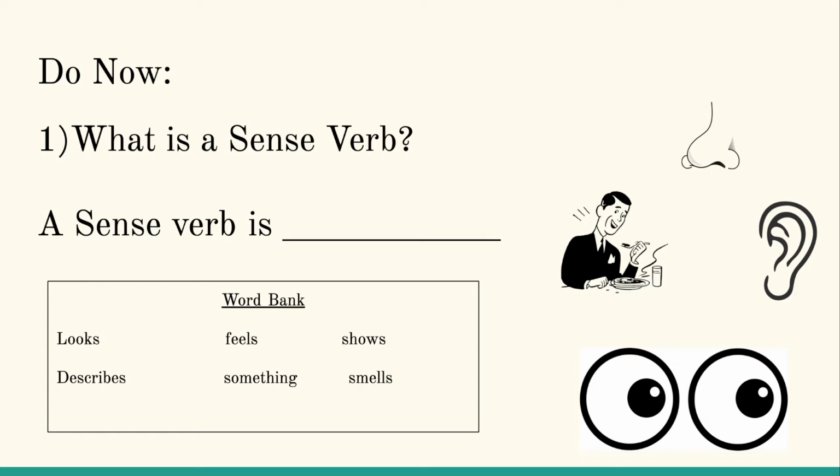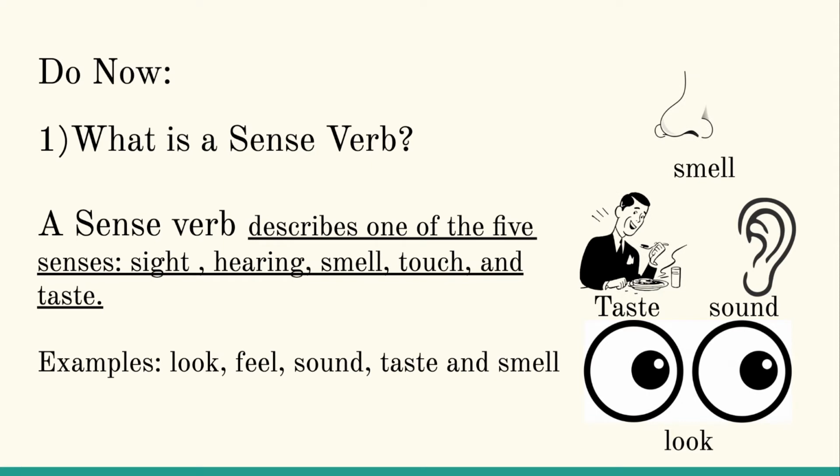All right, if you mentioned that a sense verb is something that describes how the five senses, sight, smell, hearing, taste, and touch, you are correct. I also would have accepted any examples such as look, feel, sound, taste, and smell.